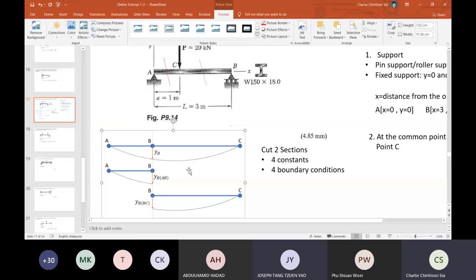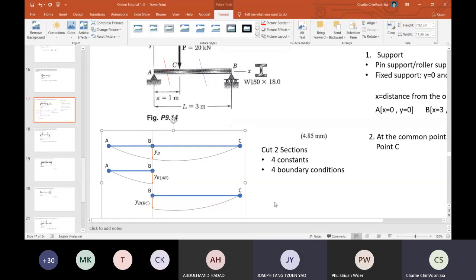If we consider two sections, AB and BC, when we want to calculate the deflection at point B, YB, if we use section AB to calculate the deflection at B and use section BC to calculate the deflection at B, is it the same value?